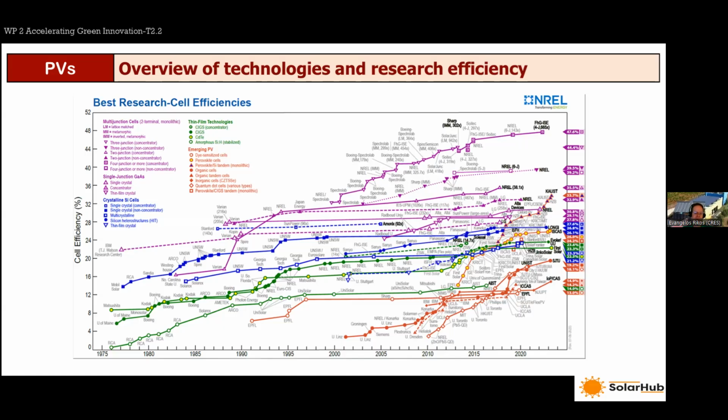There are thin film technologies with their advantages in terms of constructing the modules, etc., but with lower efficiencies. And there is also a category of emerging photovoltaics that is very interesting. You see that it only started a few decades ago, later than the other technologies, but they are gaining popularity.